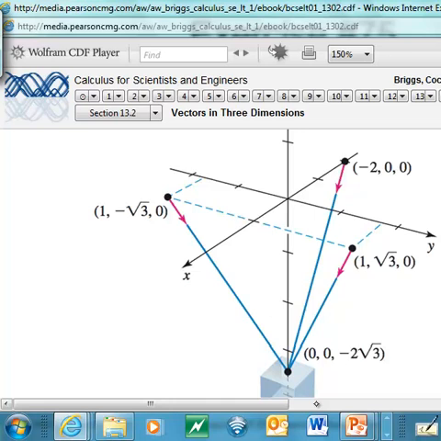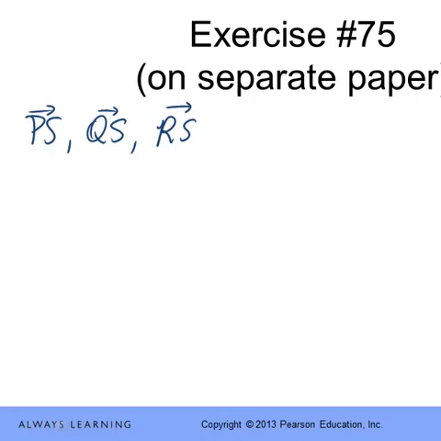Sorry, I can't annotate this, but remember this is P, this is Q, this is R, and this is S. So find those three vectors that I mentioned.